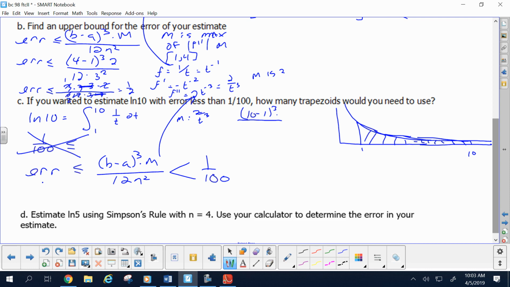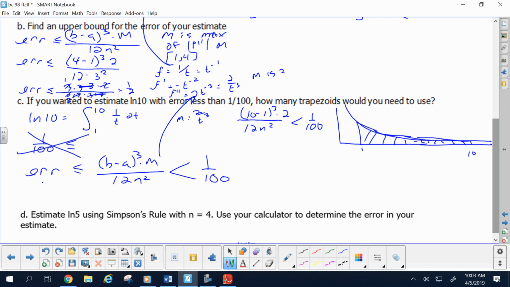It's still 2, because the right edge is not to worry about. It's the left edge that matters for us, all right? And then 12n squared, n is to be determined, and that needs to be less than 1/100. And they said less than, not equal to, so that should be a strict inequality.